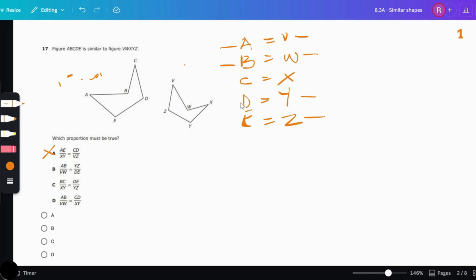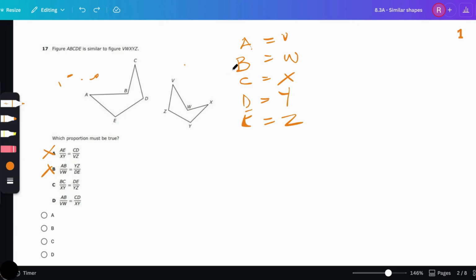It has to be DE over YZ, not YZ as the numerator. So it can't be option B. That is wrong because the angles have been changed. Assuming it is AB over VW, with DE as the numerator, we would have considered it.